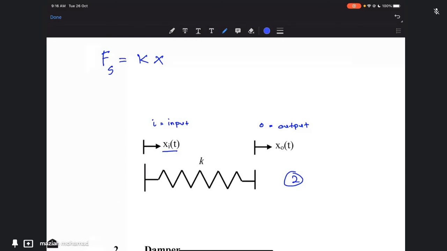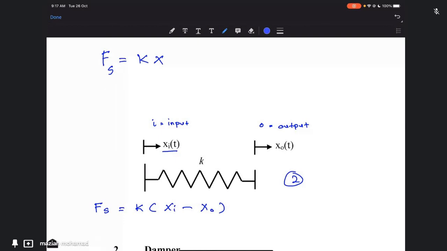The important thing here is that both ends have a displacement, one end with xi, another end with x naught. Therefore the equation for this scenario will become Fs equal to K times xi minus x naught.